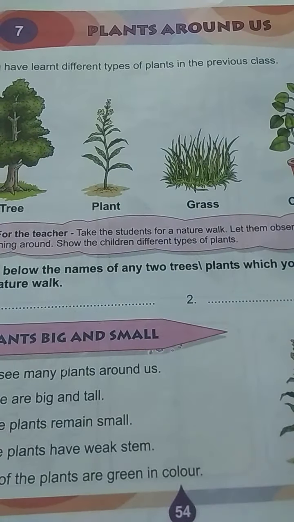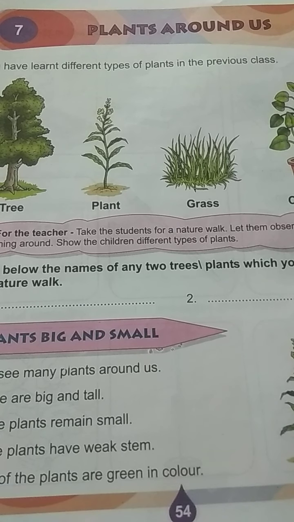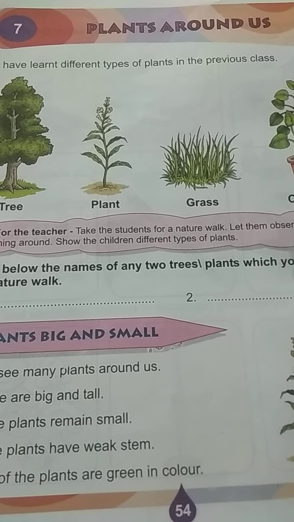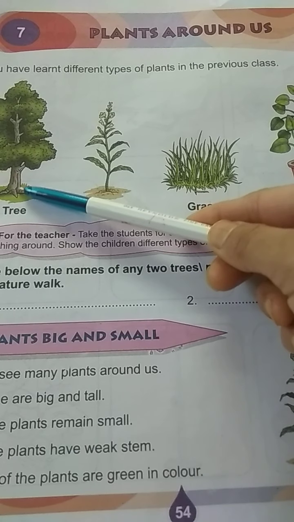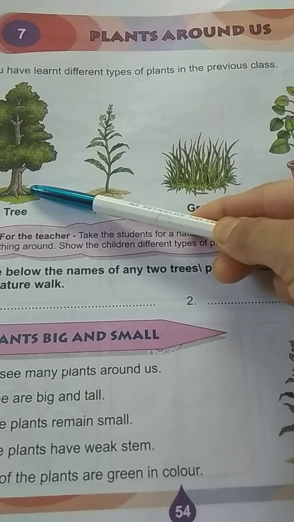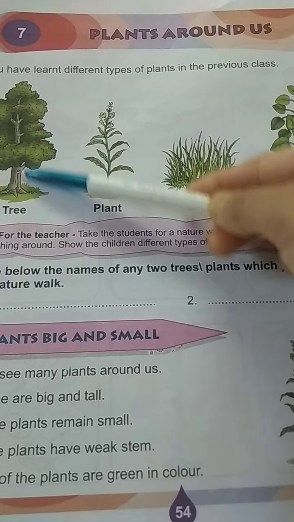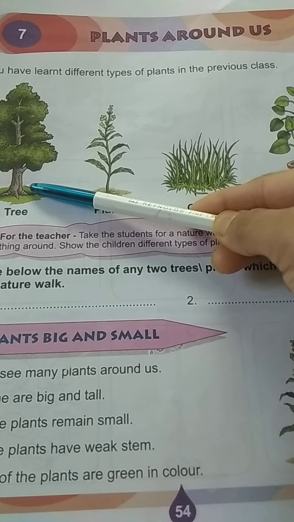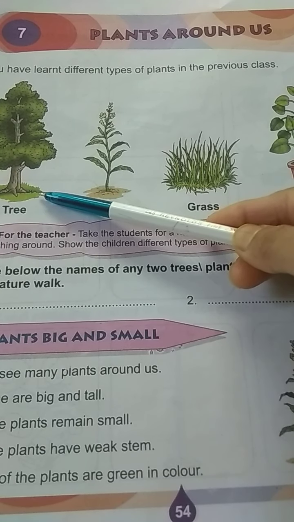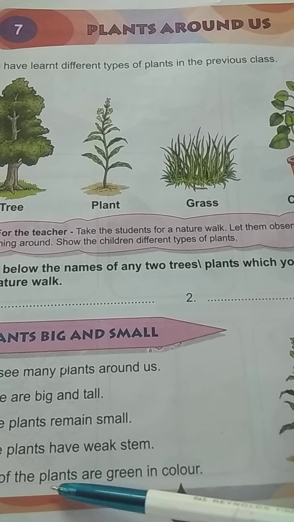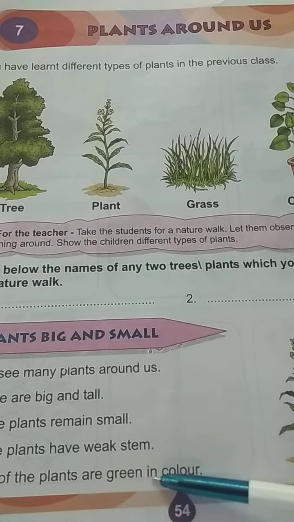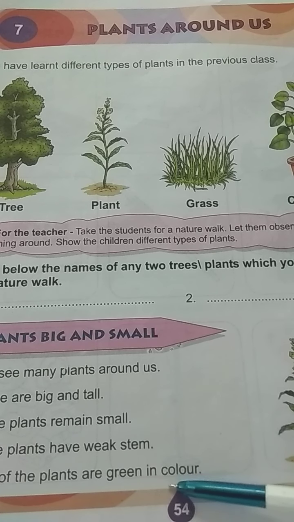But can you do the same thing for a tree? Can you bend the trunk or the stem of a tree? No. Why? Because it has become very hard and woody. And so the stem of the tree is called a trunk. So most of the plants are green in color.